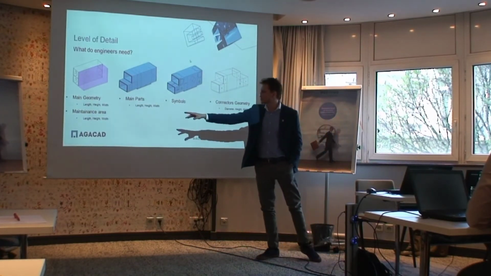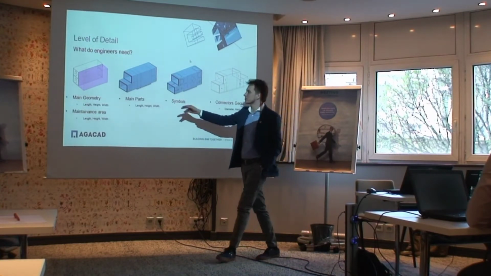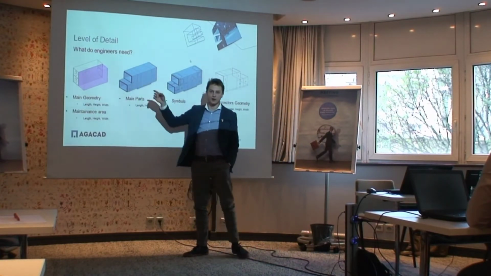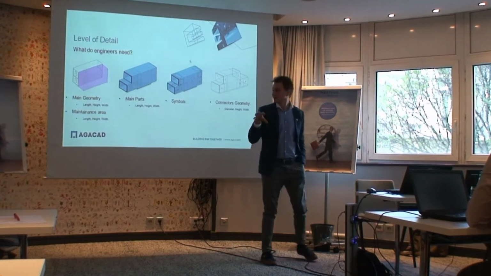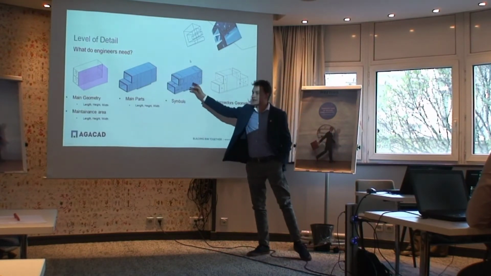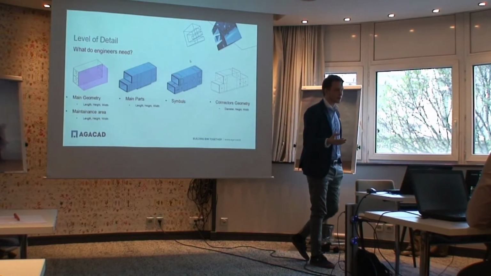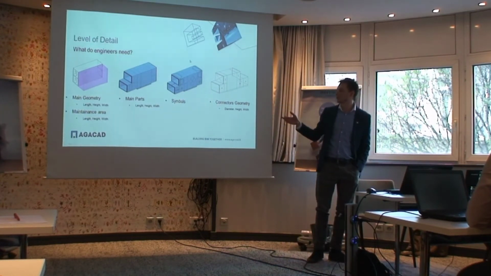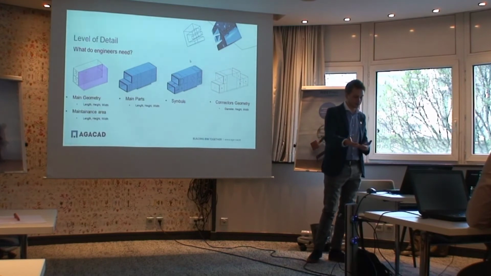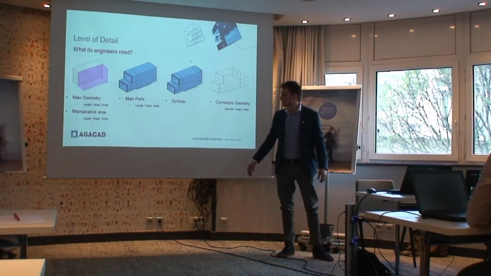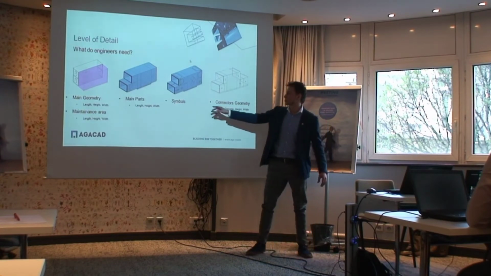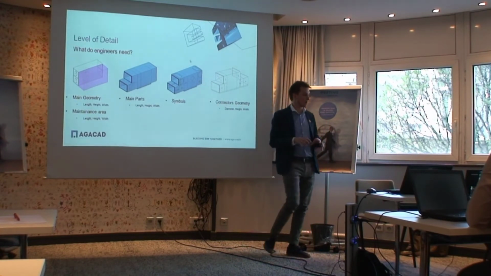I need the maintenance area. I need to know what kind of parts are inside of the element. As well, I need the symbology, like the other information, which afterwards could be just printed out on some papers, not 3D, but just 2D, just to understand what kind of parts we have.